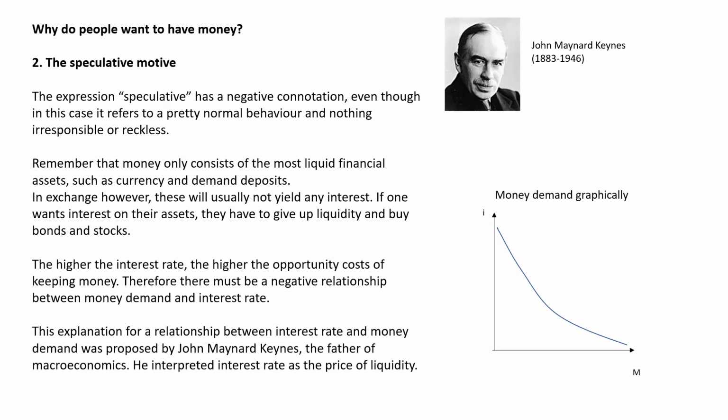On the right-hand side of this slide, you can also see a graphical depiction of the money demand, which already incorporates the speculative motive and the transaction motive altogether. In the depiction of the money market, we put the interest rate on the vertical axis and the quantity of money in the economy on the horizontal axis. And you can see that money demand will be a negatively sloped curve.